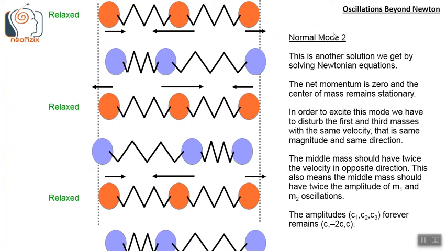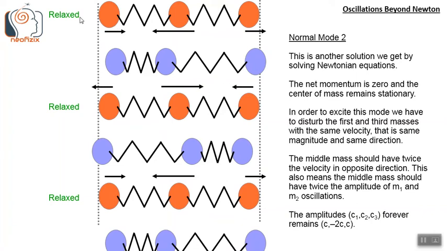And this is normal mode 2. This is the other solution we get by solving the Newtonian equations for this two spring three mass system. So the net momentum is again 0 and the center of mass remains stationary. In order to excite this mode, we have to disturb the first and the third masses with the same velocity.